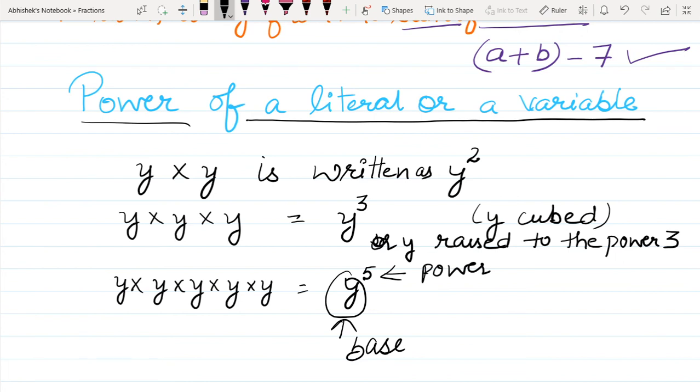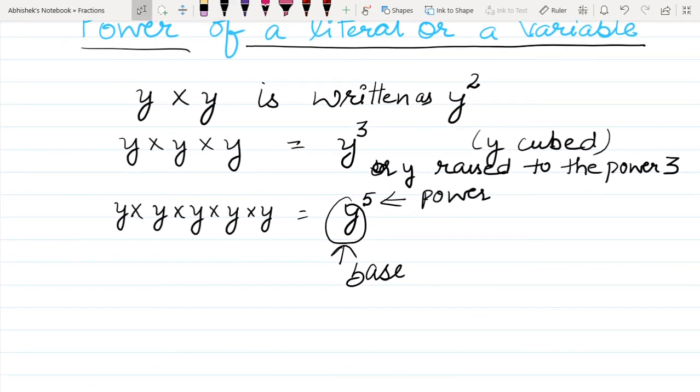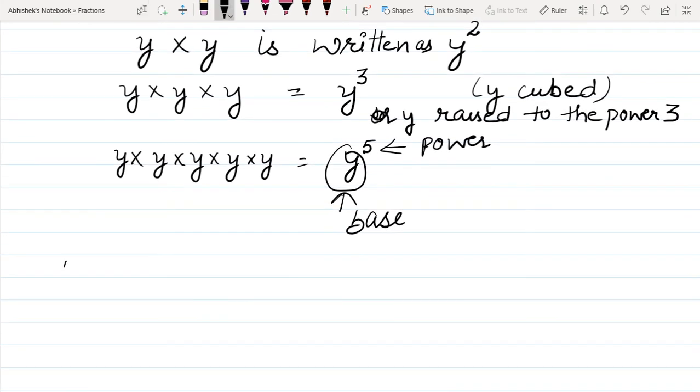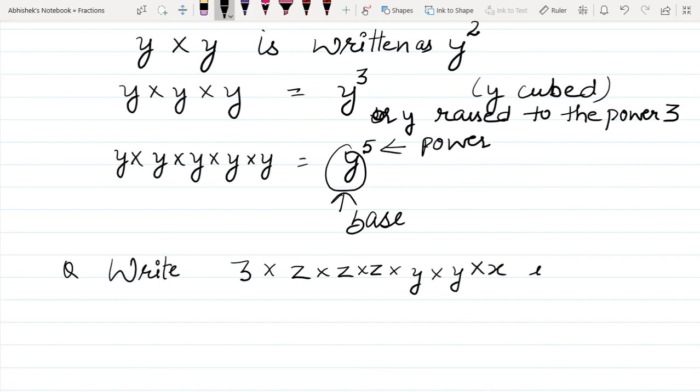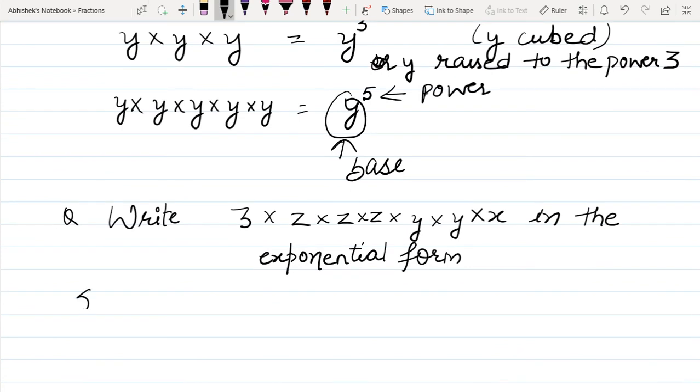So let's practice this question. Question: write 3 into z into z into z into y into y into x in exponential form. How can we write it in power notation or exponential form?